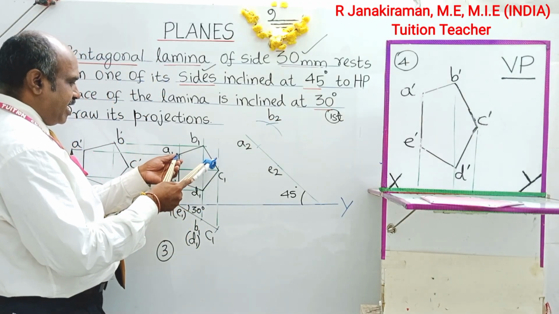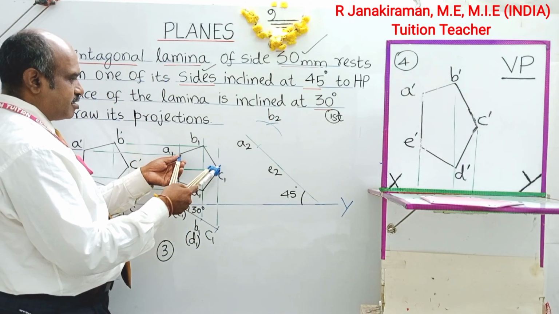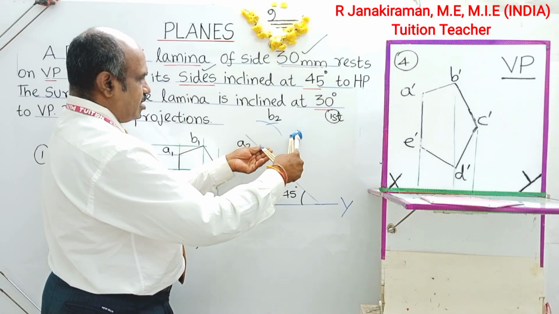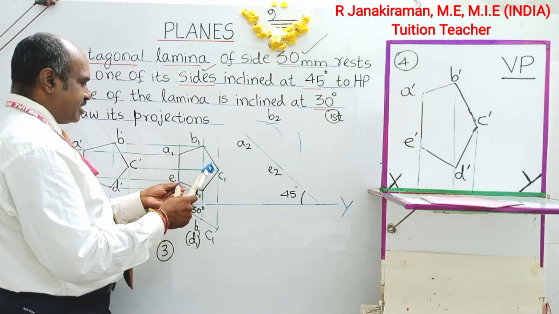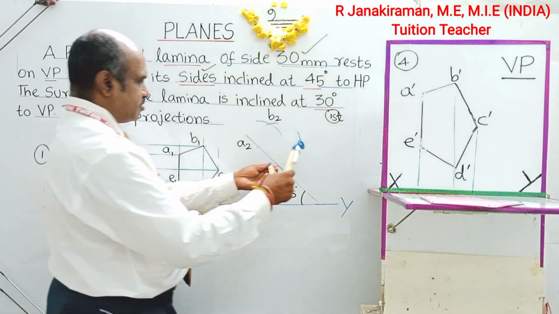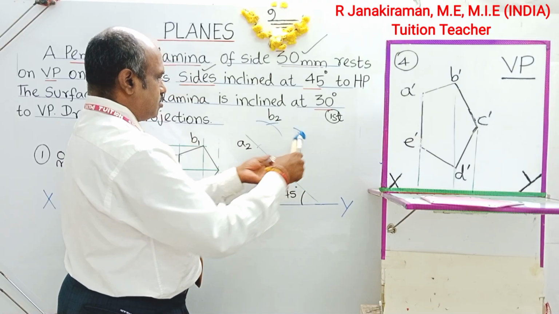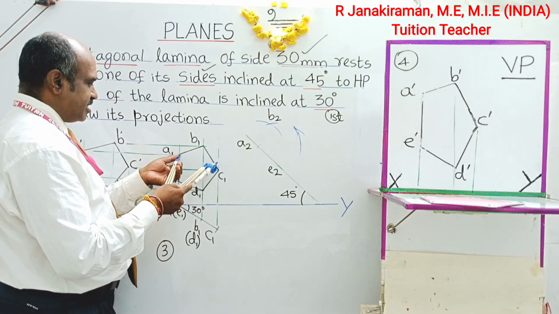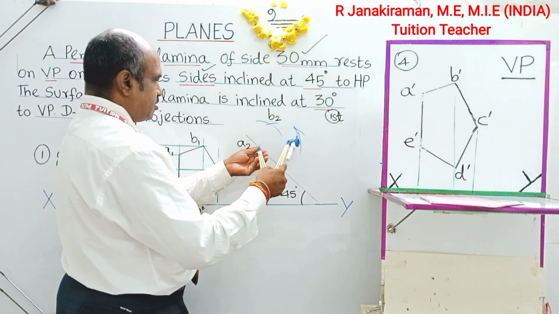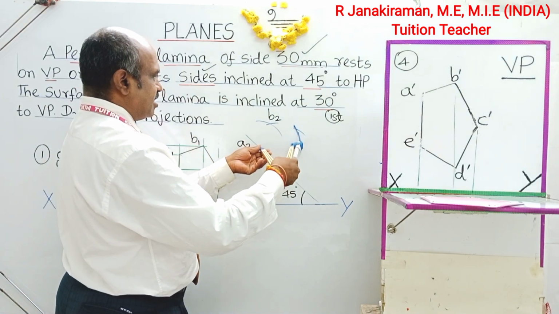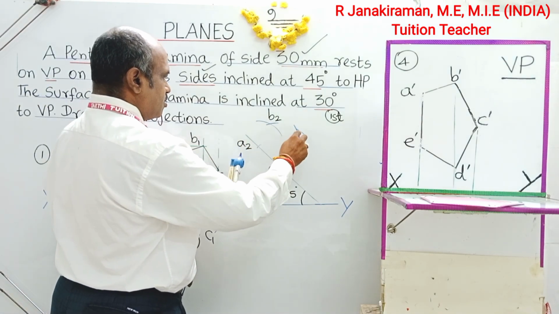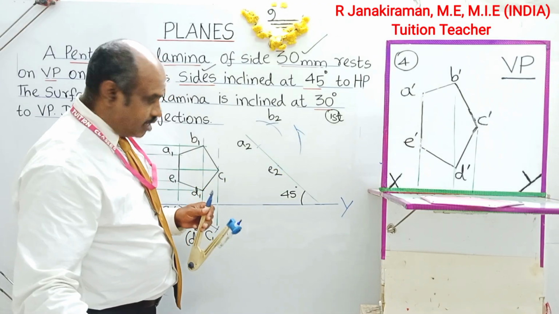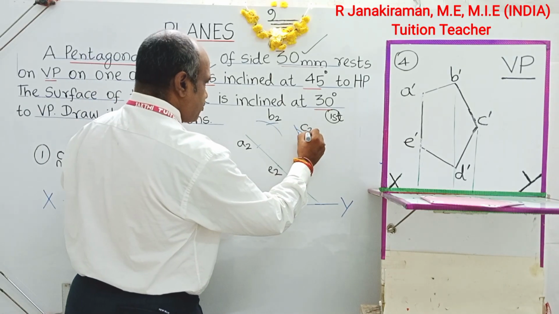Next, take the AC distance in your compass and cut an arc. Similarly, take the EC distance in your compass and cut an arc. The point of intersection shall be marked as C2.